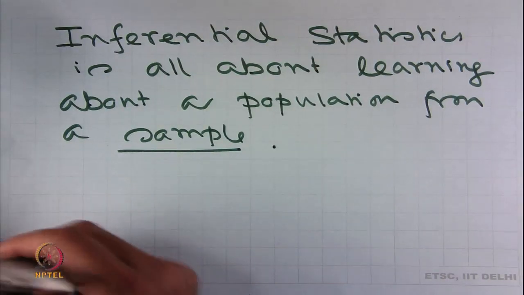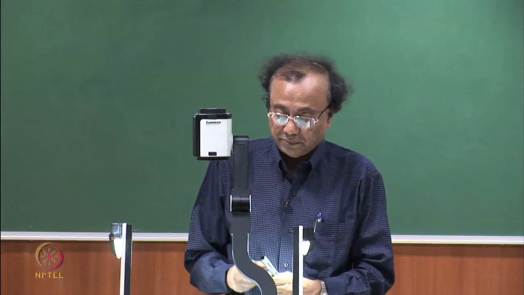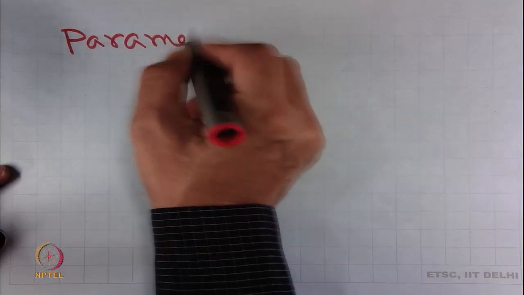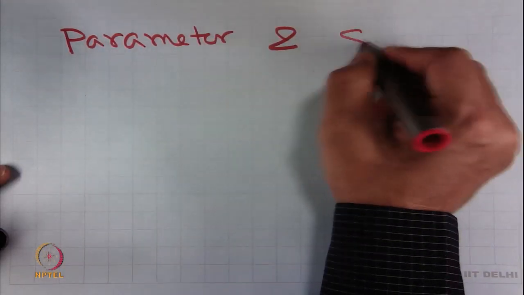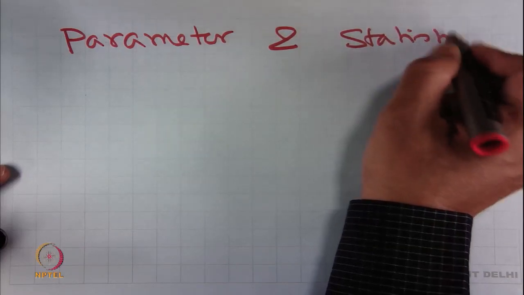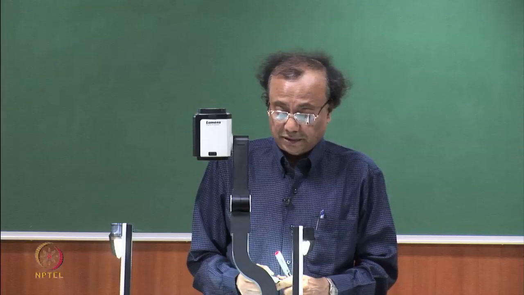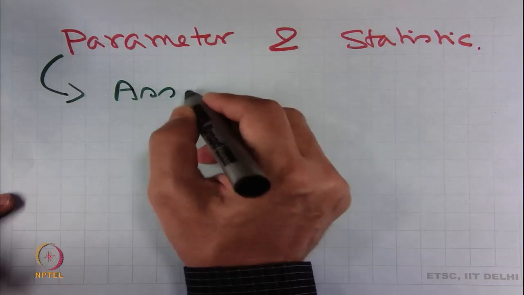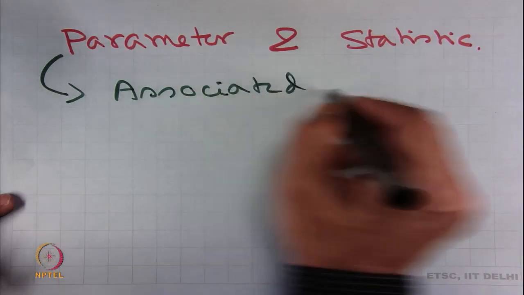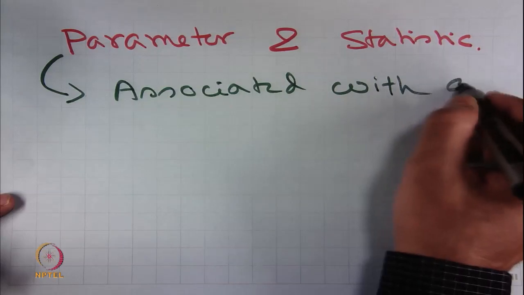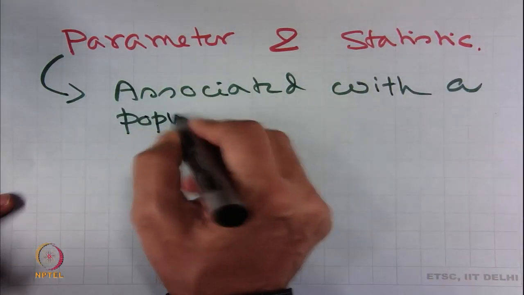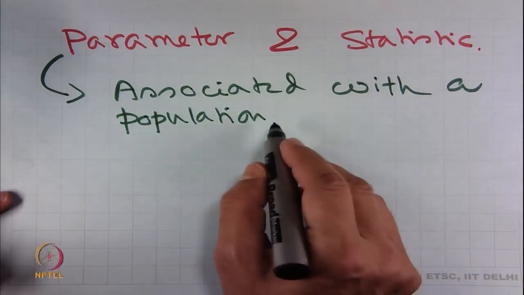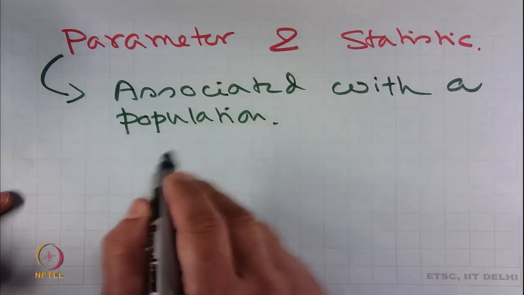At this juncture, I would like to distinguish between two terms, parameter and statistic. A parameter associated with a population is a property of the population.